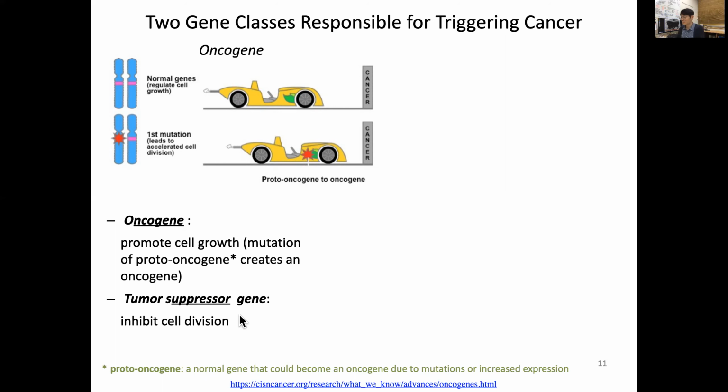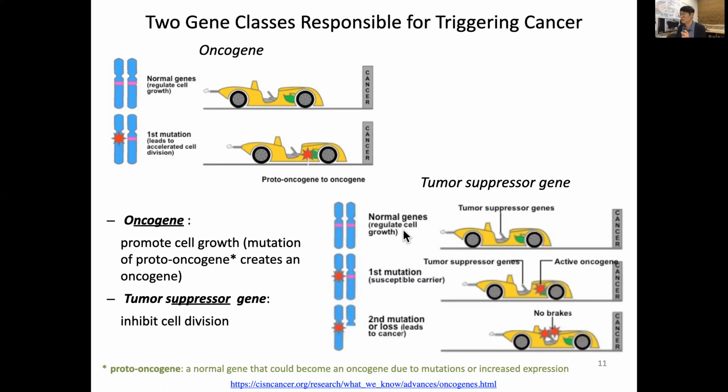So in the normal gene, they regulate cell growth with these two layers, because there's a tumor suppressor gene. Let's assume a first mutation happens to one allele of this tumor suppressor gene. You see this? There's another brake system still working.